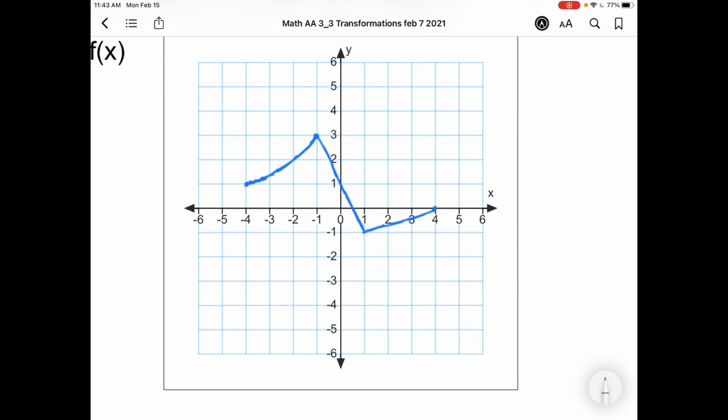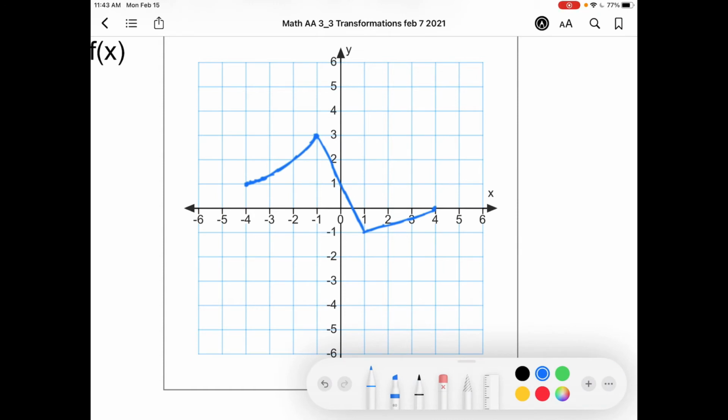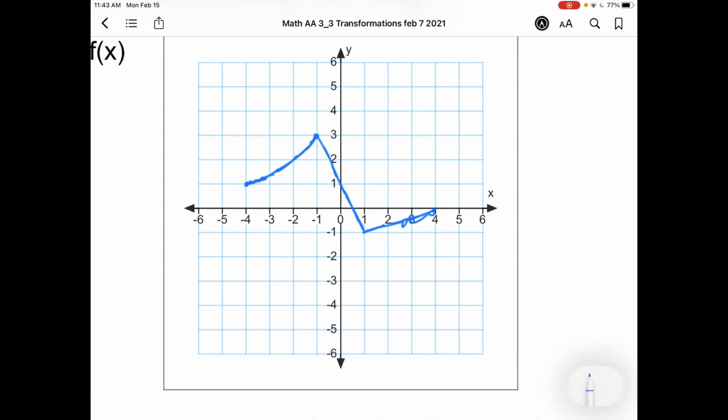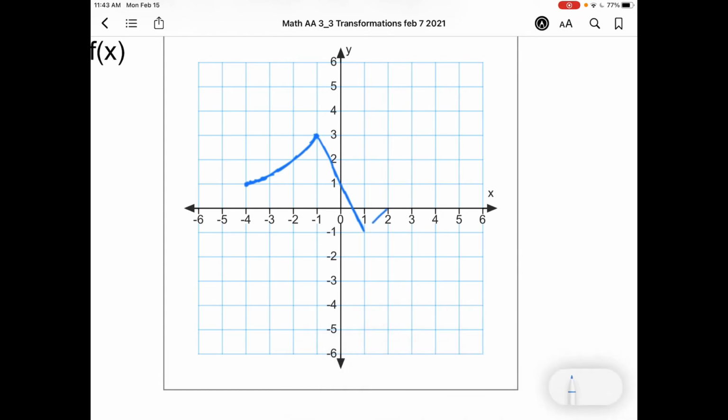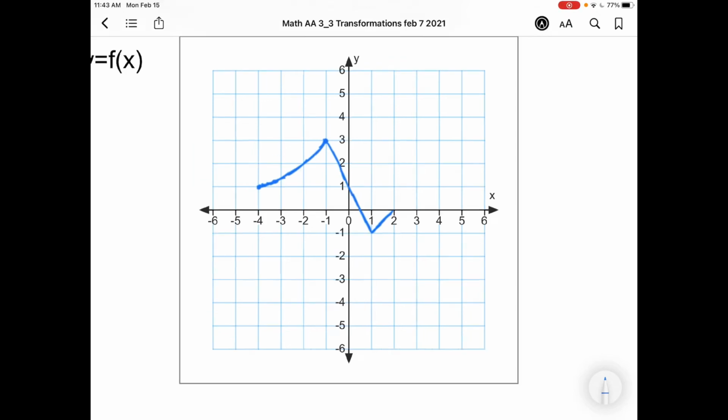Nope. Let's undo that. I don't want it to end at exactly the same spot. Let's change this up. Now, in the filled-in notes, I might have decided on a different function if you're looking at that PDF. But let's go with this one.